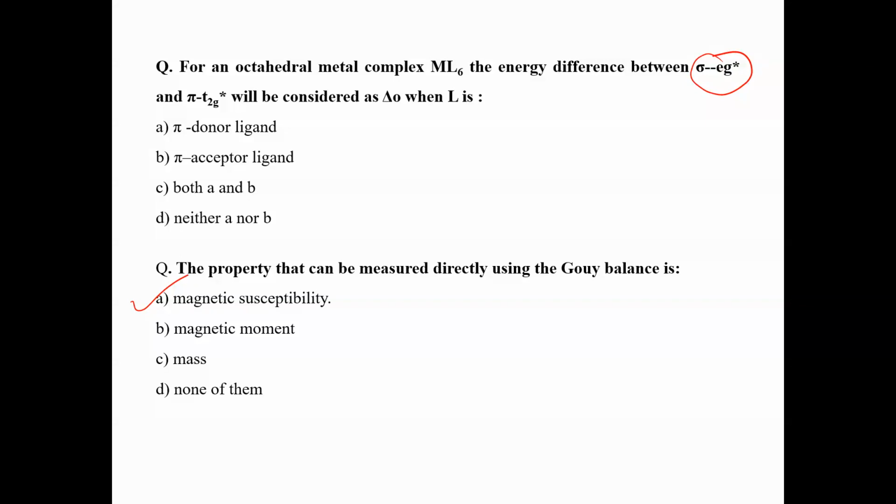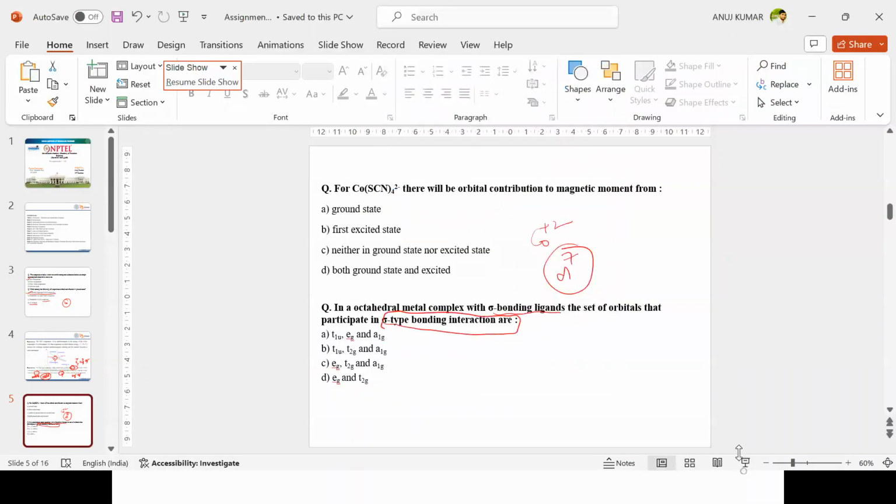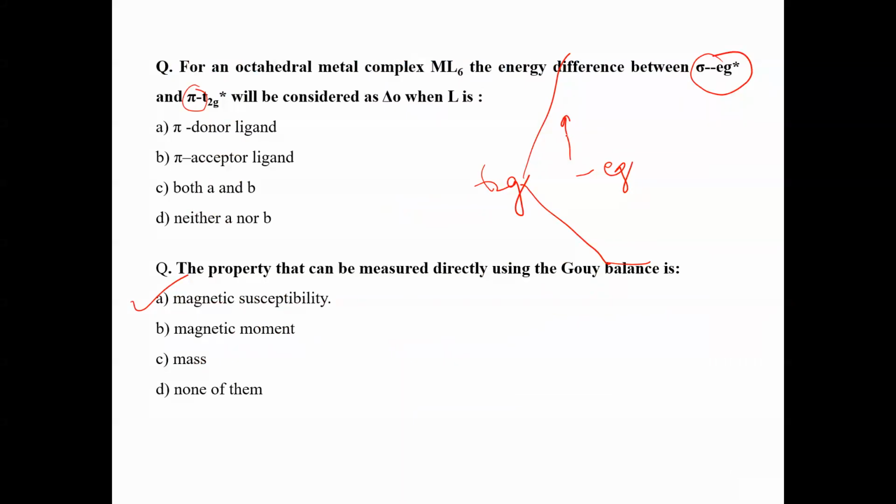With a pi acceptor ligand, because I am talking about the pi one, the splitting will be in the t2g orbitals, so it will be a very large splitting, and eg will be non-bonding here. So this gap will be large, right? And in the case of a pi donor ligand, this gap will be very small.